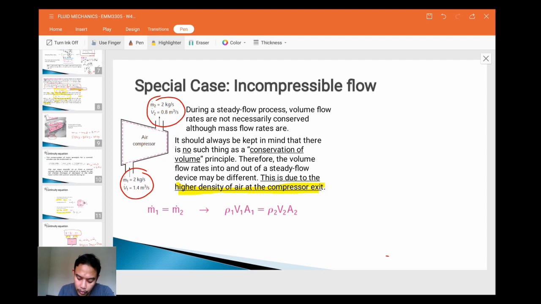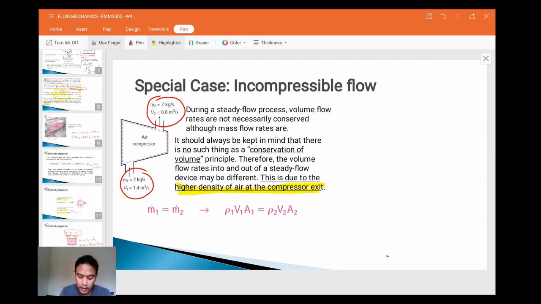Okay, so it means the volume flow rate into and out of the steady device may be different. The volume flow rate changes due to the higher density of air at the compressor exit. So it means the density of air increases at the outlet.